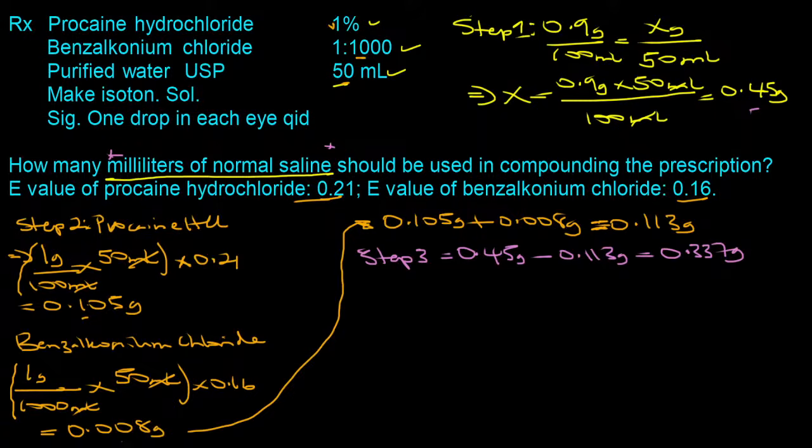Now, typically you will stop here, but notice that the question is saying how many milliliters of normal saline. So there's an additional step you want to do, and that is to make use of the understanding that normal saline is actually 0.9%, so 0.9 grams for 100 milliliters. It's going to be equal to 0.337 grams divided by some volume in milliliters. So that's also a slight twist they are likely to see.